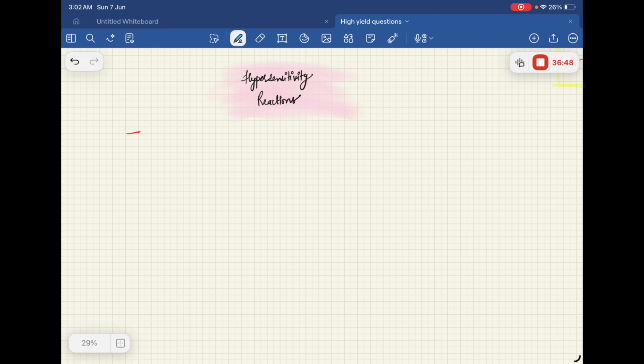Remember that no vesiculobullous lesion shows type 1 hypersensitivity reaction.